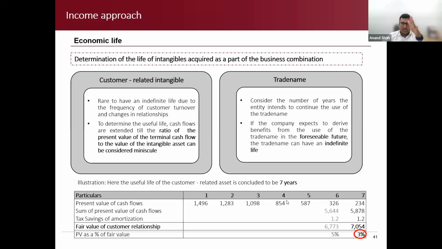And that's where we say, okay, 7 years is what we believe is the economic life. However, one thing we need to be mindful of: economic life is different from accounting life. You as a valuer can call it 7 years. The management is free to use an accounting life which it has in their policy. It gets very challenging with the auditors, but GAAP does allow you to do that.